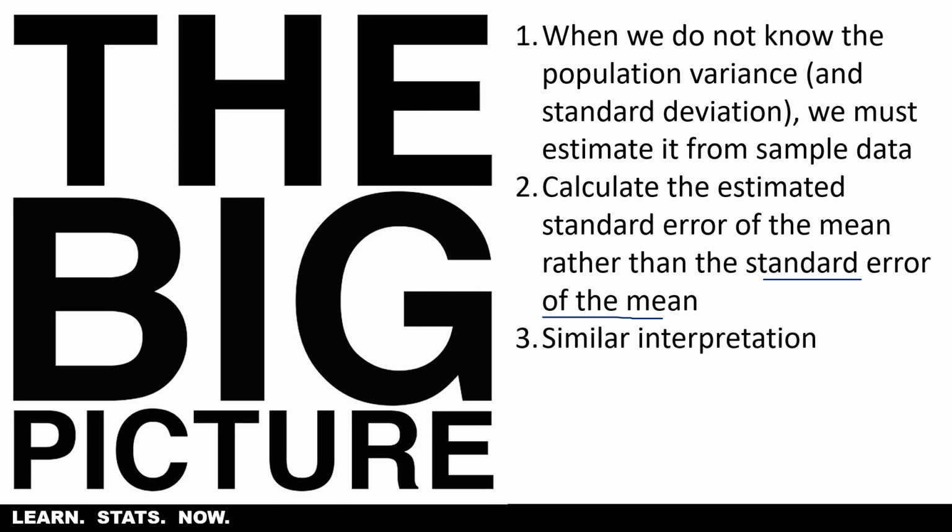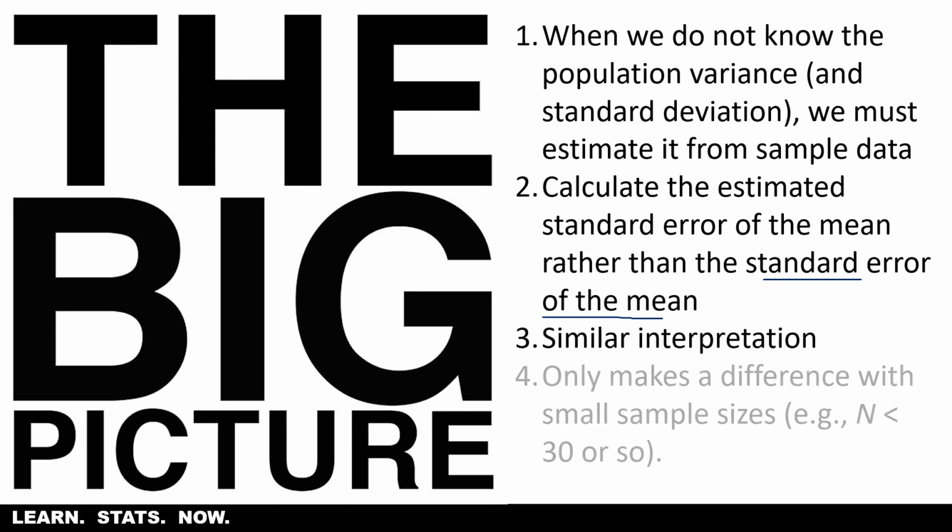And it has a similar interpretation to the standard error of the mean. Really the only difference in terms of decision making involves smaller samples, when you get to n below 30 or so. But other than that, once you get over 30, the calculations are going to be pretty similar in their conclusions.